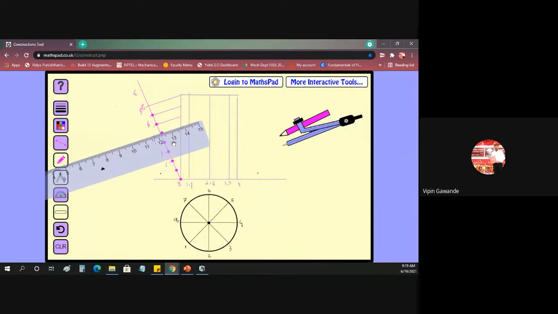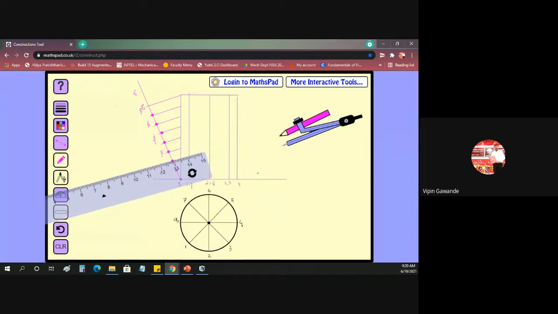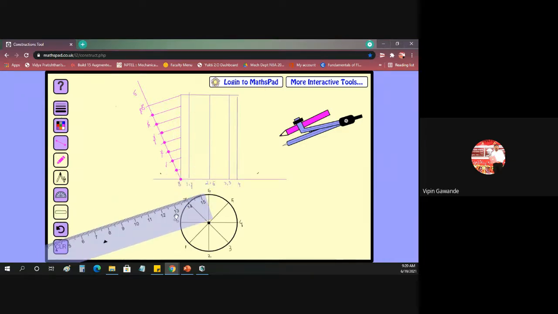Then this one is 5. Then this one is 4. Then this one is 3. Then this one is 2. And this one is 1. So I have transferred that one.